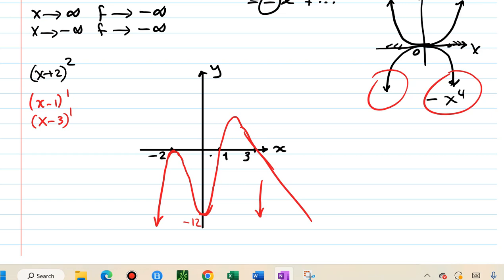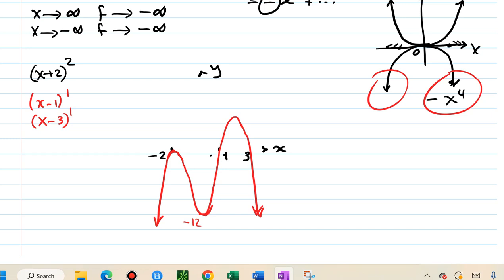Now we're just going to make it work like it should. I'm going to make it come back and go through 3. Now exactly how high it goes, it may go up higher and come back and go through 3, like this. There you go.